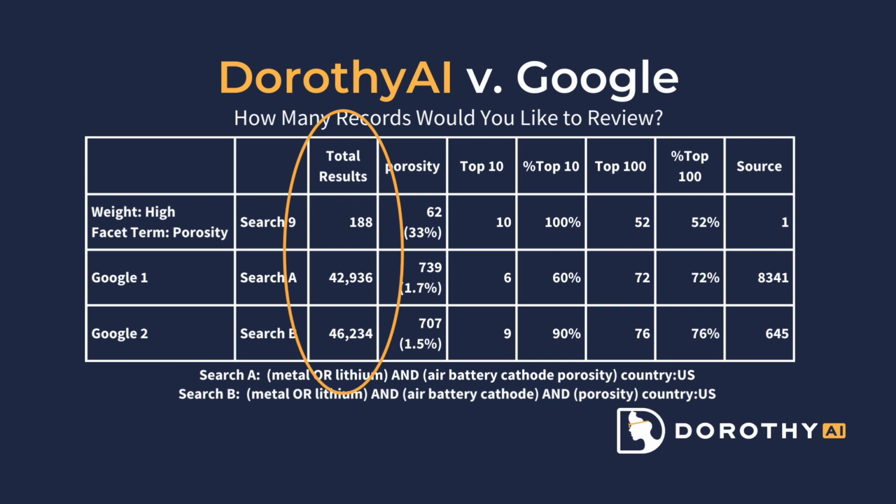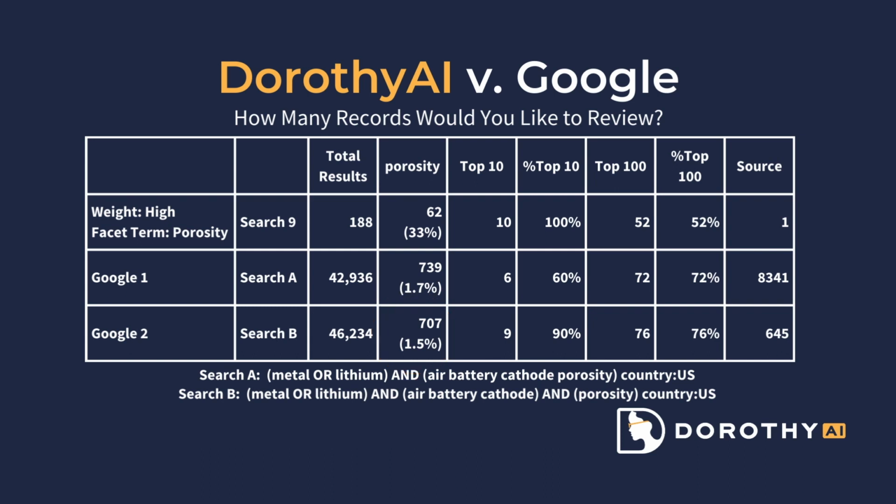But when we look at the number of references that discuss porous material in detail out of those references, what we see is that the number is many fewer by comparison to the number that were returned in our DorothyAI search. If we look at the DorothyAI search, what we see is 33% of those returned results discuss porous material in detail. In contrast, our Google searches are around 1.7 to 1.5%.